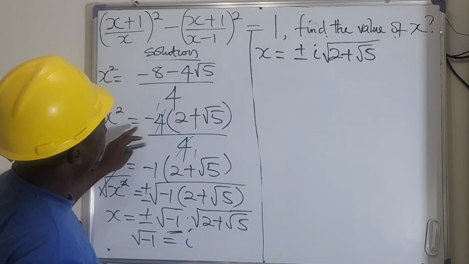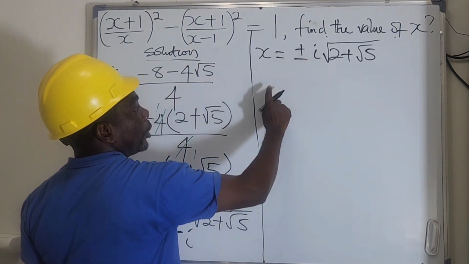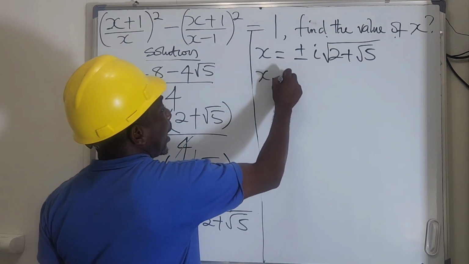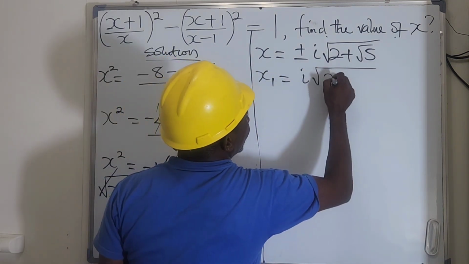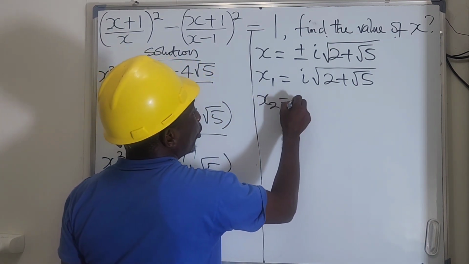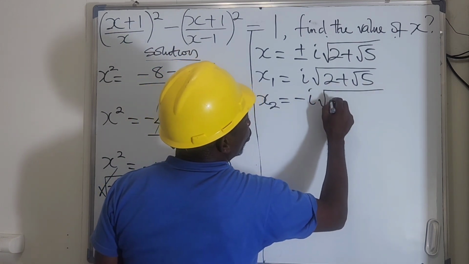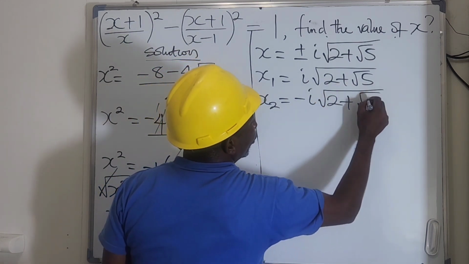So because we have plus or minus, x1 is i root 2 plus root 5, and x2 is minus i root 2 plus root 5.